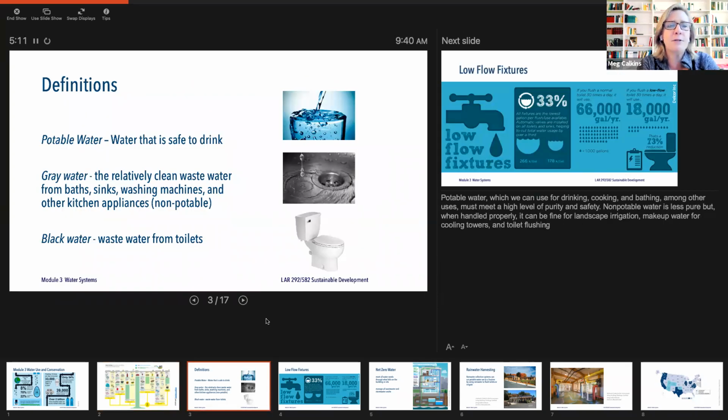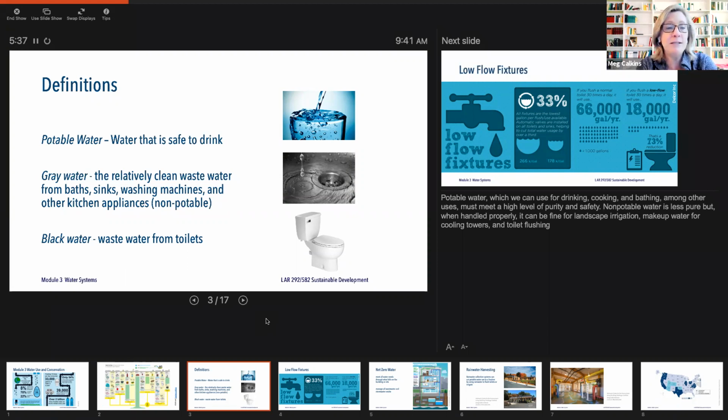So let's pause for some definitions here, just so we're all on the same page. Potable water is water that is safe to drink. The water that comes out of our taps or even flushes our toilet is potable water. Gray water is the relatively clean wastewater from baths, sinks, washing machines, and other kitchen appliances.